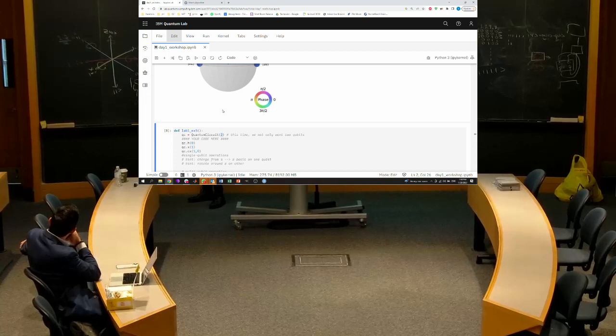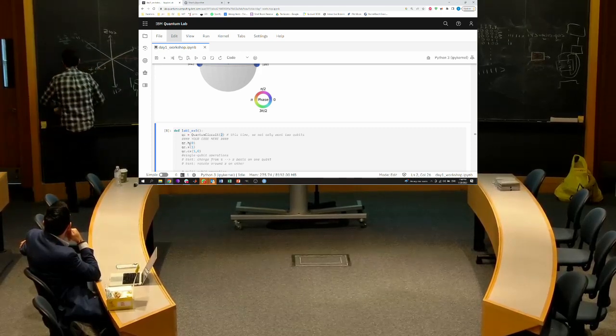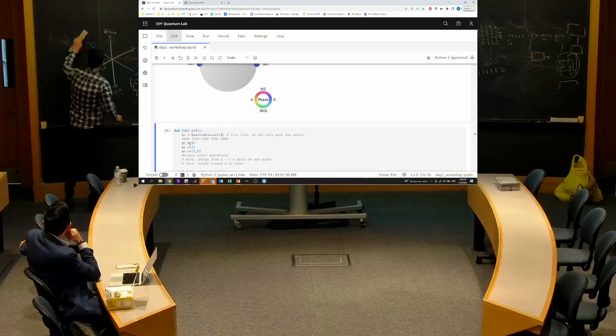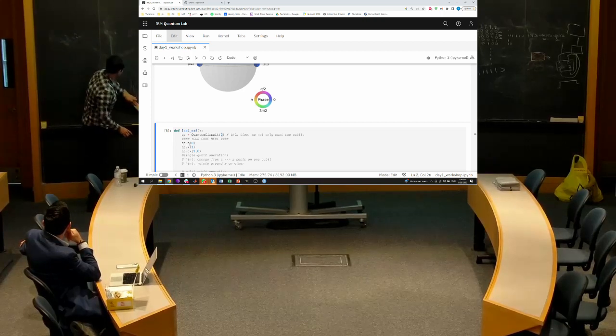Now, I want sometimes this qubit to stay, and sometimes I want this qubit to change, and I want them to happen alternately. So what we do first, we take qubit 0 and apply a Hadamard gate on it. Let's see how we develop algorithms.